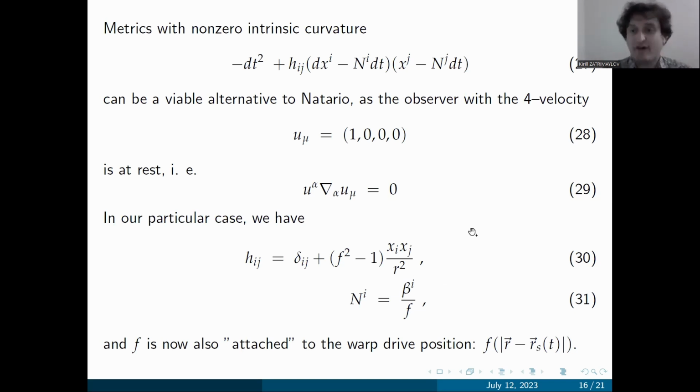Now, f is no longer the form factor related to the wormhole, but just a local curvature that depends on the location of the warp drive. So it moves with the warp drive. It would be interesting then to see what happens to the energy conditions for this model.